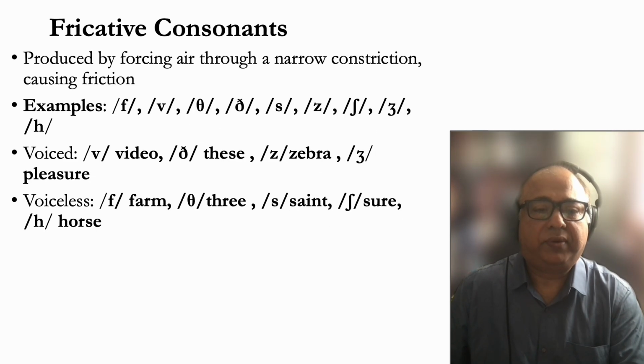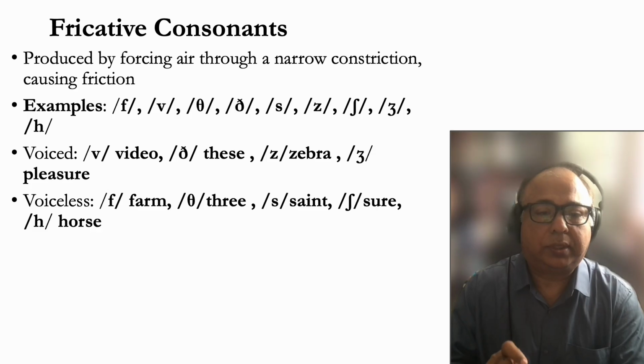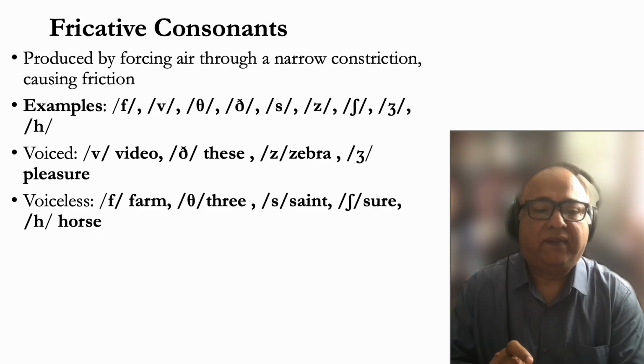Okay? Fricative consonants. So you make a narrow constriction in the oral cavity inside your mouth and then produce these sounds, these consonants, by forcing air. So in order to produce these fricative consonants, make sure that you force air through your mouth.